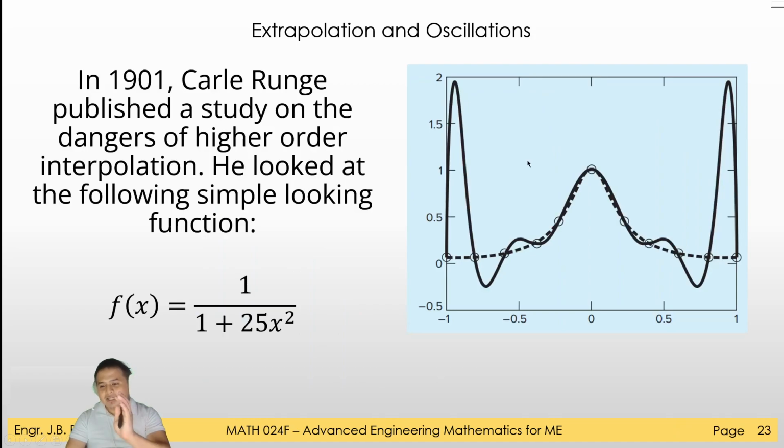Okay. So another caveat of interpolation is that some functions are highly nonlinear, wherein if the true curve is this, for example, and you find the polynomial function, you will have some oscillations here.